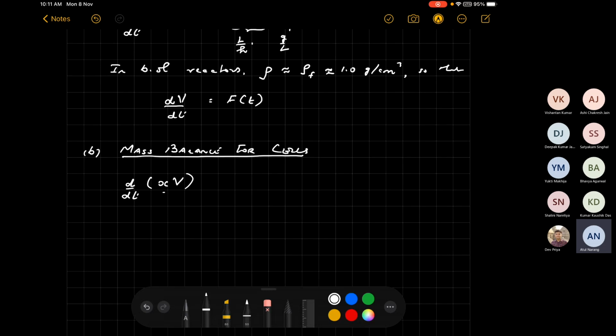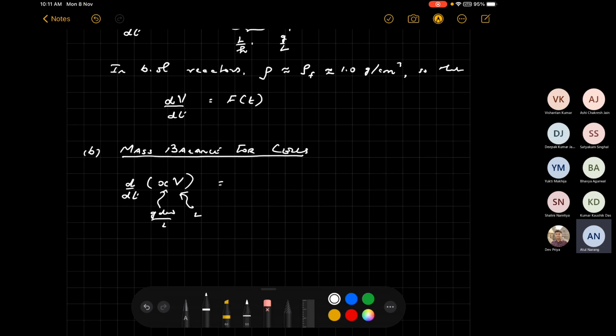So the left-hand side has units of grams dry weight per unit time. This is the rate of accumulation of biomass in the reactor. And on the right-hand side, we have only an inlet stream, and no outlet stream.